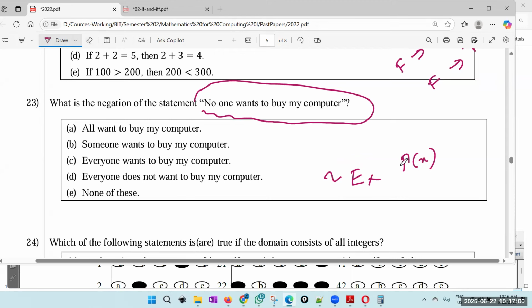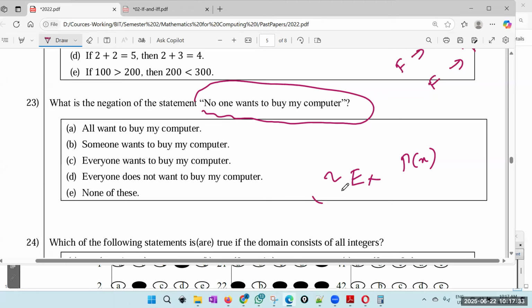So then what is the negation? If "no one wants to buy my computer" is my statement, then the negation is not exist P(x) negated, which means someone wants to buy my computer.